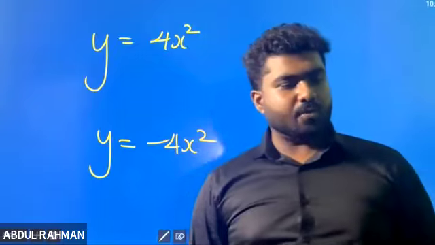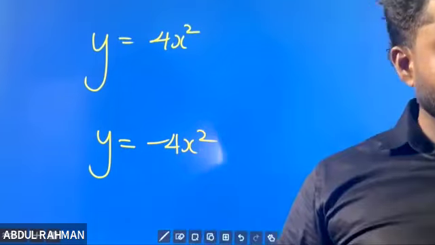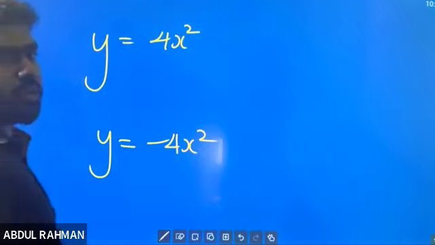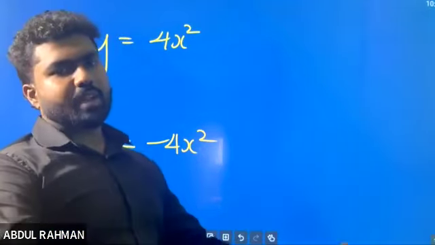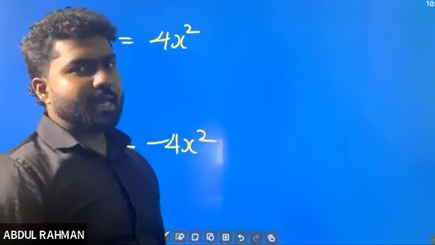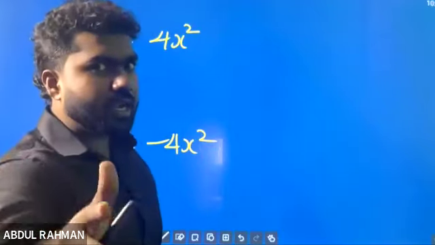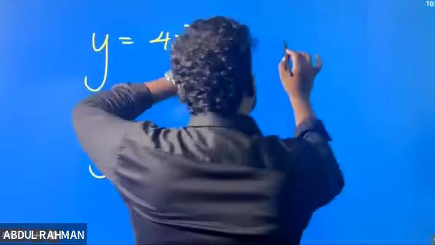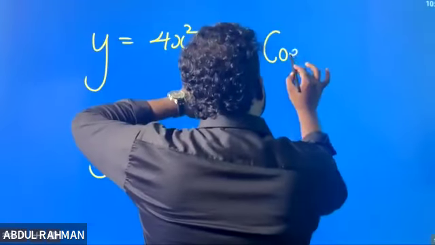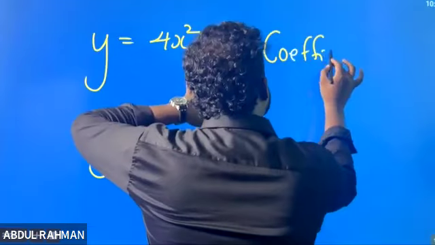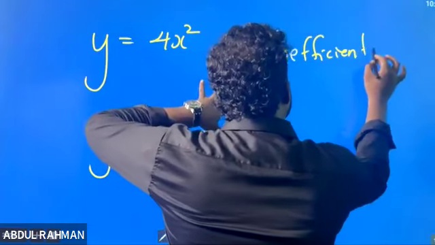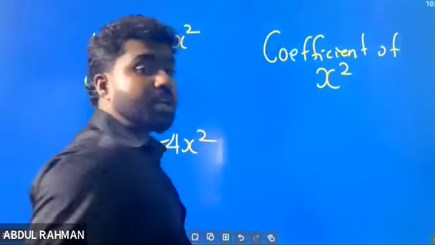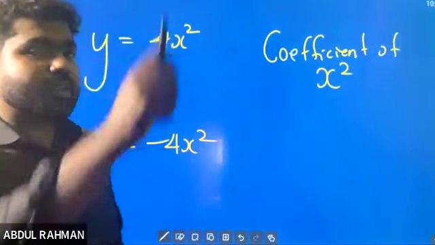Sir, you are drawing the graph, sir. You haven't drawn the graph and you are asking to find out the nature of the graph. Very difficult. Remember, there is a shortcut to find out the nature of the graph. If the coefficient of x squared, I'm talking about the coefficient of x squared.